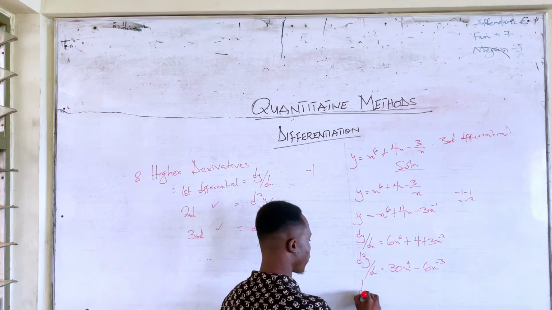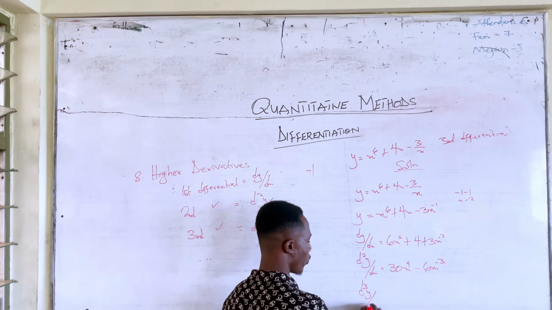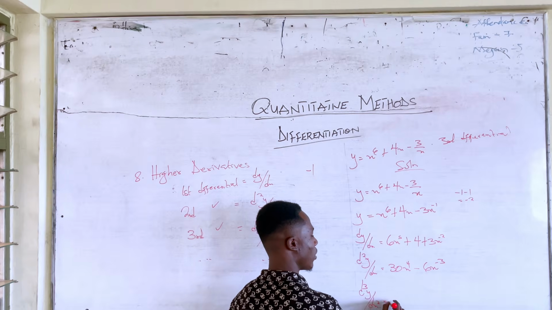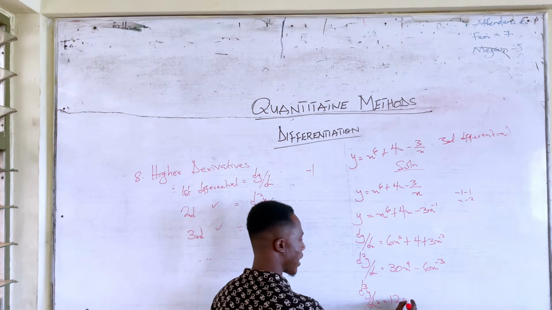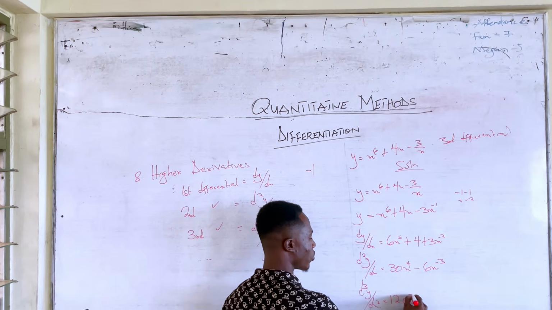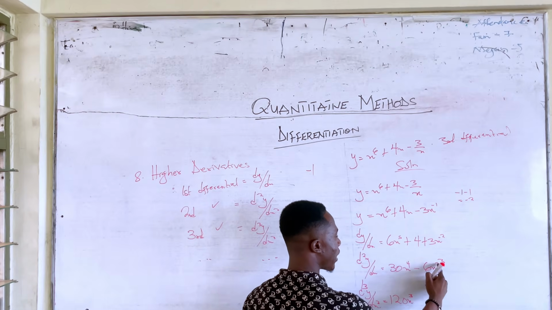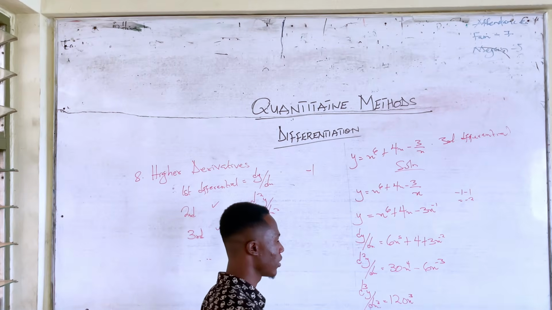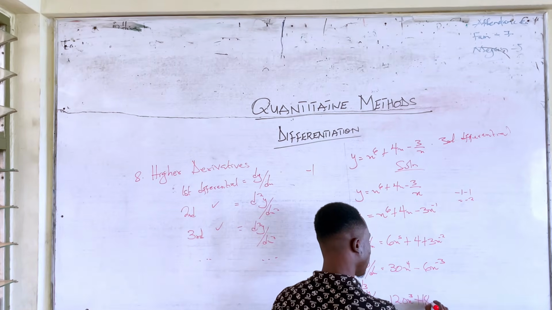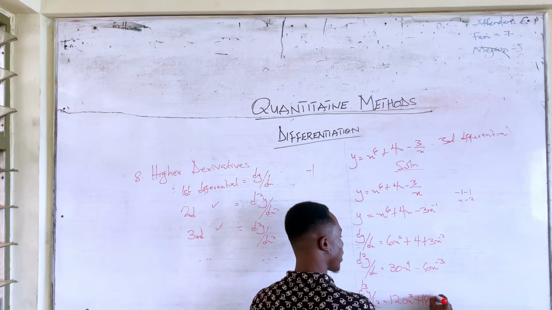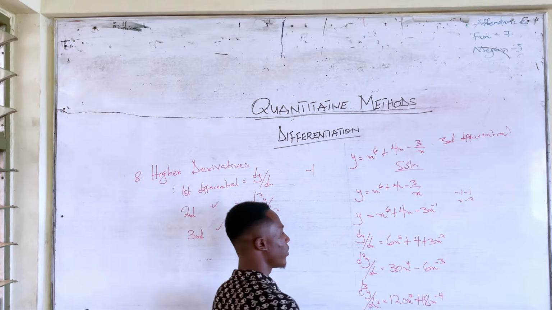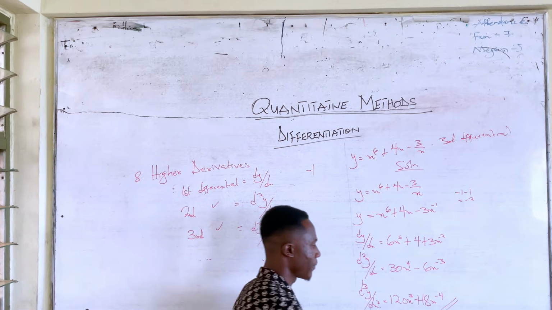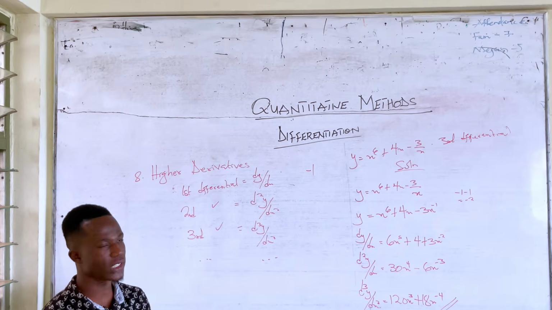Then you move on to the third differential, d cubed y over dx cubed, which is equal to 4 times 30, that is 120x, then you reduce the exponent by 1 to get 3. Here negative 3 multiplies negative 6 to give positive 18, so you have positive 18x, then you reduce the exponent by 1 to get negative 4. And so this is the final answer. You can leave it here. This is the higher derivative we are talking about.